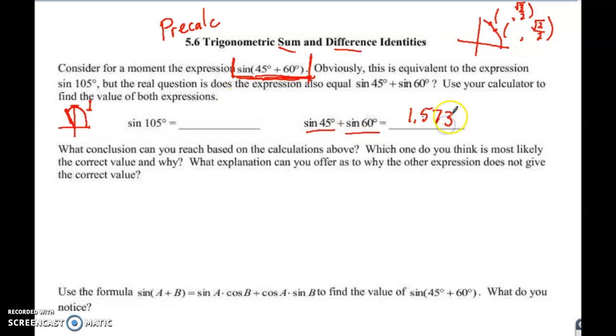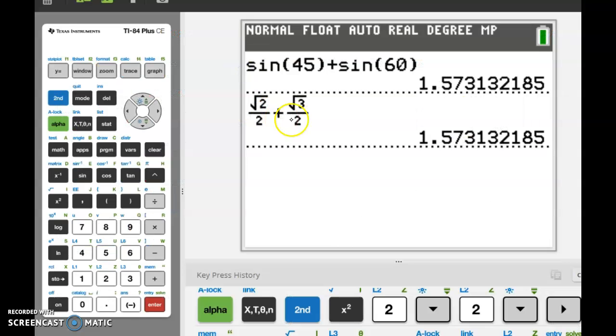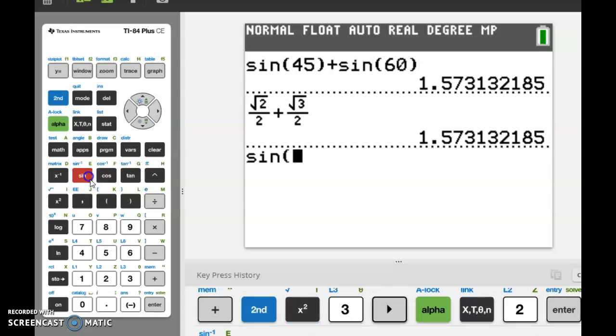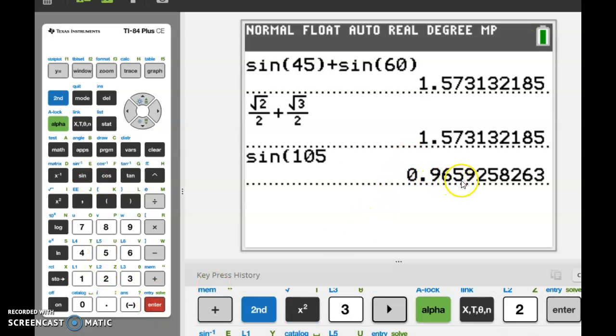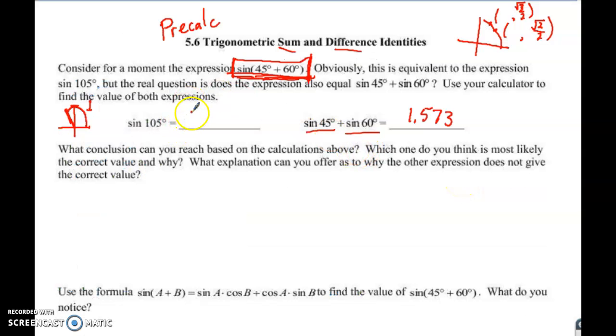But that doesn't make any sense, because for sine of 105 degrees, if we follow the order of operations and add the angles first, we should only have sine of 105, which is 0.966. This answer is the only one that makes sense.